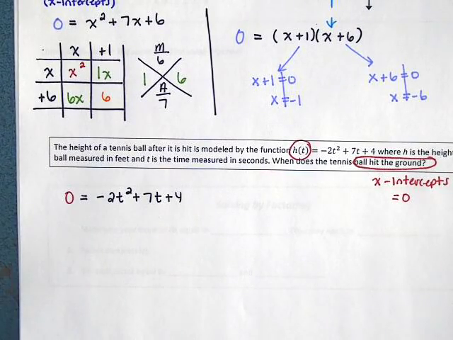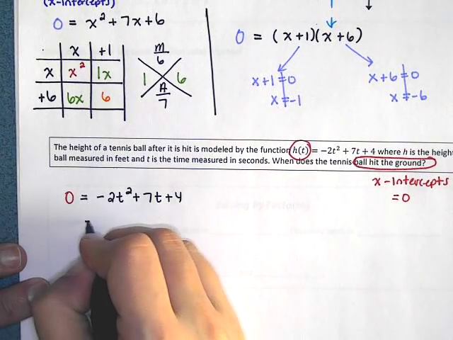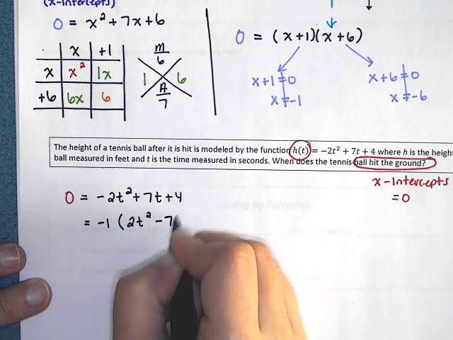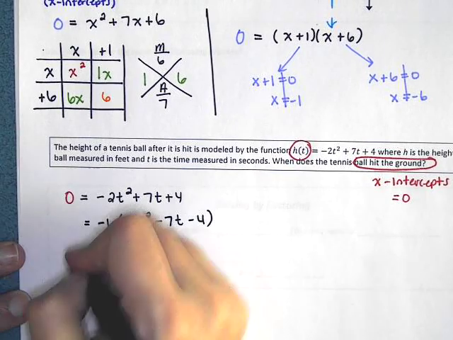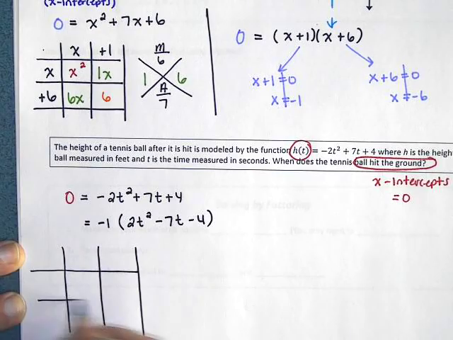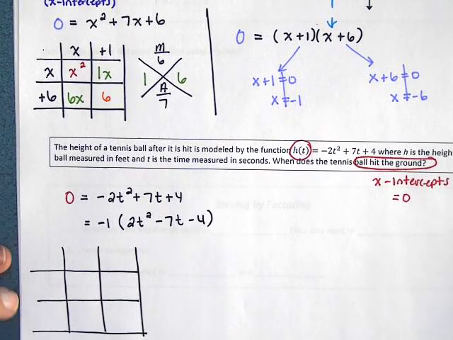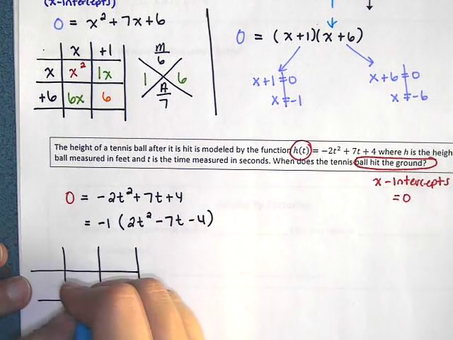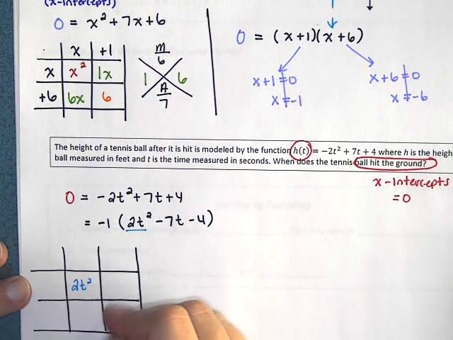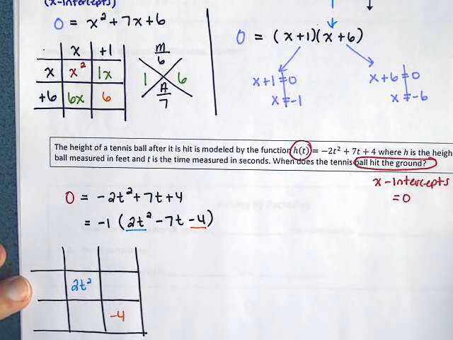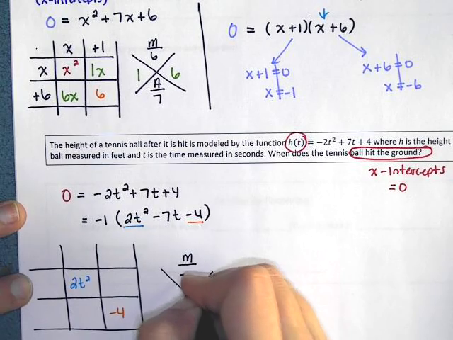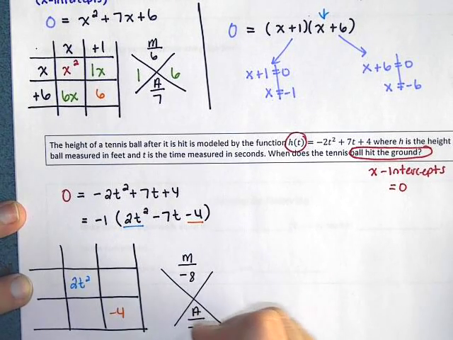Now again, I'm going to need to factor, so I know that my first step here for factoring would be to take out a -1, because that would be the common factor. Then I'm going to draw my boxes. So my 2t squared would go in the first box, and my -4 would go in the last box. I'm going to draw my big crisscross. My m would be -8 and my a would be -7.